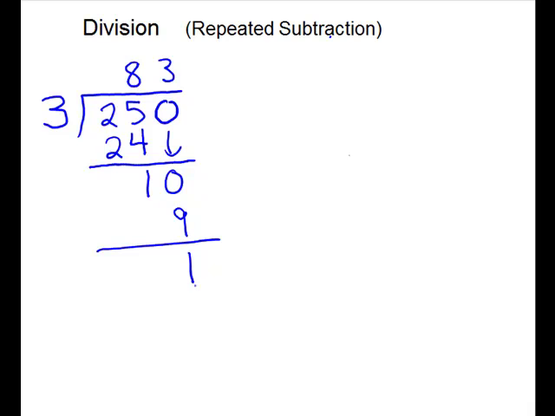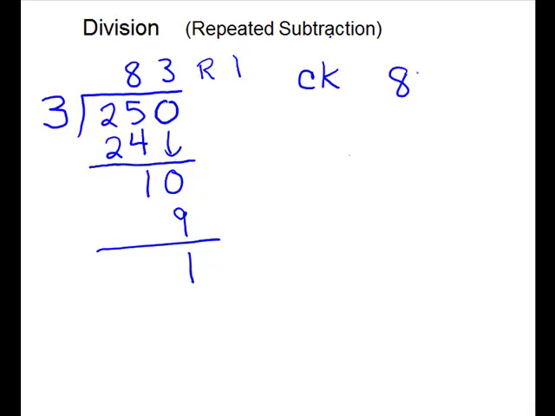So this one is a remainder. For right now, we'll just put R and the number. Later, we'll deal with remainders other ways. One is a fraction and one is a decimal. But for now, just put R. If we want to check one with a remainder, we take this whole number part of our quotient.